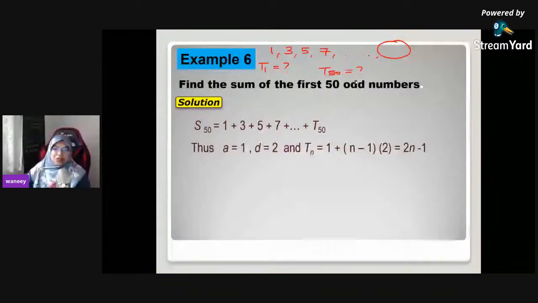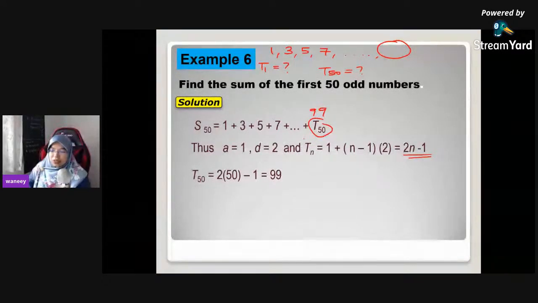The formula for Tn is a plus n minus 1 d. So that will give you 2n minus 1. So T50 is simply 2 times 50 minus 1, which is equal to 99. So we do know this sequence goes up until 99.